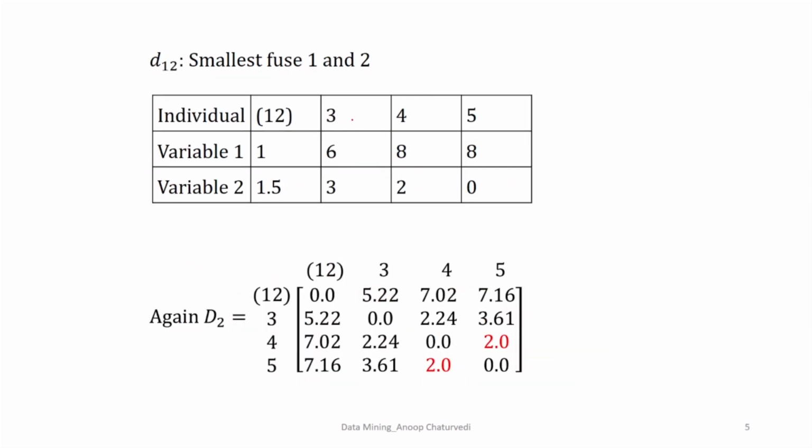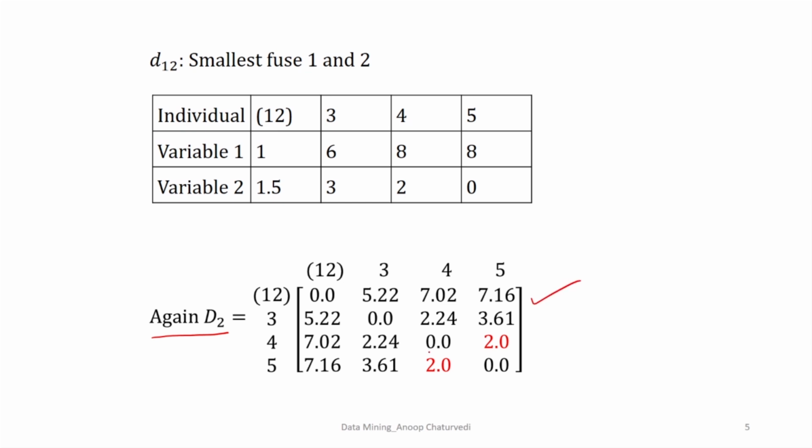Then the values corresponding to variable 1 and 2 for the individuals 3, 4 and 5 remain unchanged. Again we calculate d2. So, we get this matrix, distance matrix.